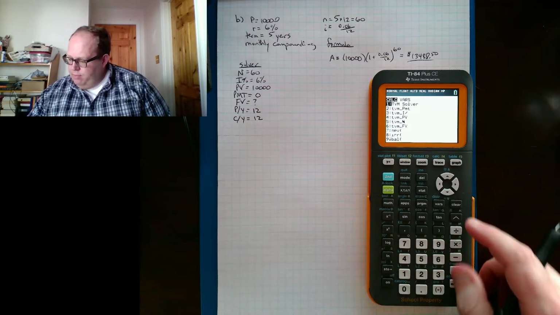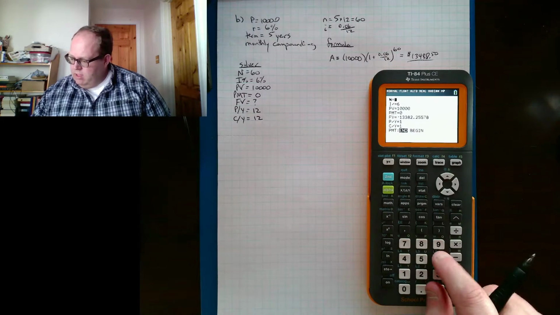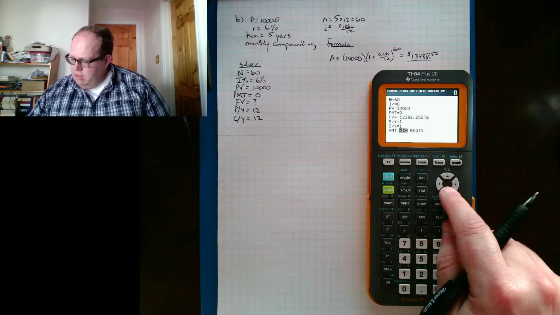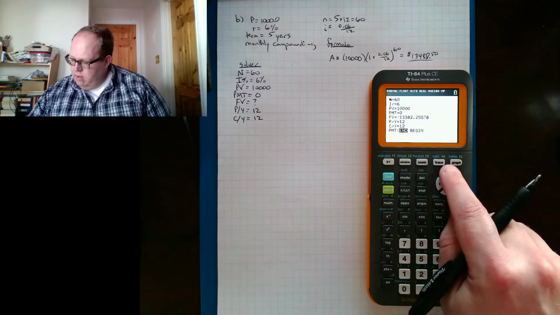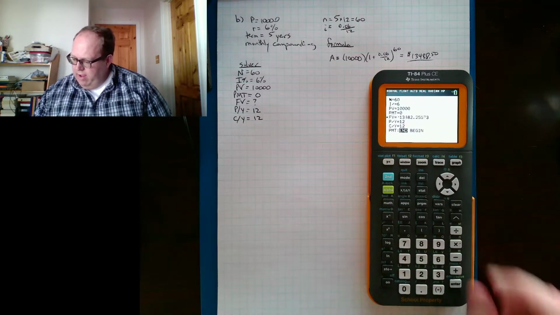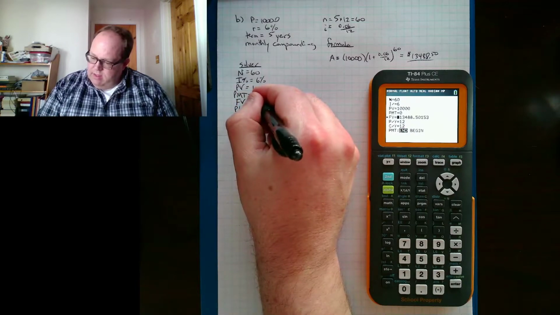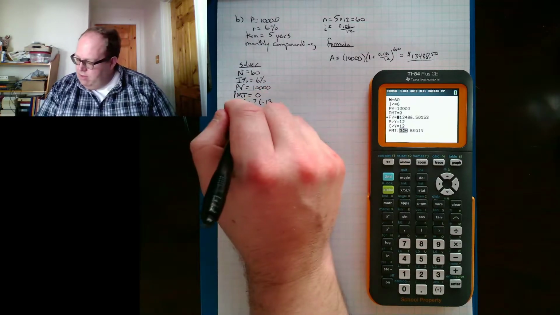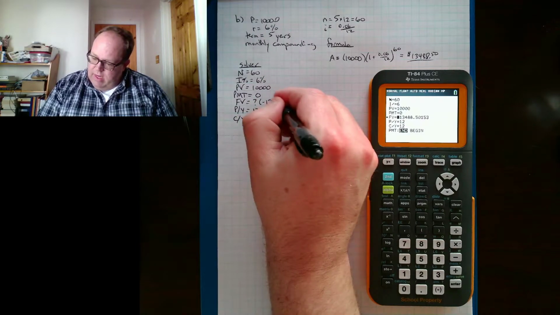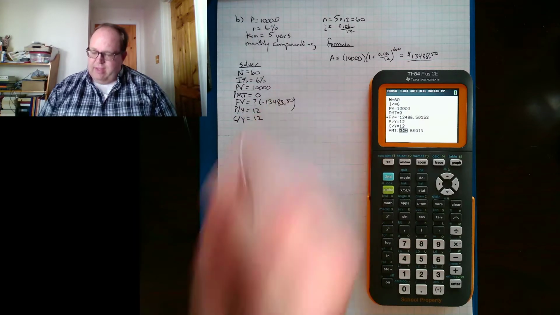We set that up. I don't have to change too much in here. That becomes 60, these become 12, and I solve for my future value again. And this gives me negative $13,488.50, which is not too surprising.